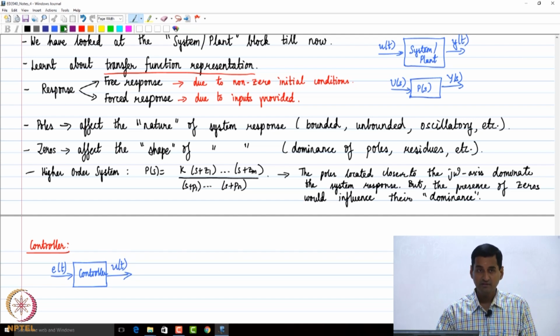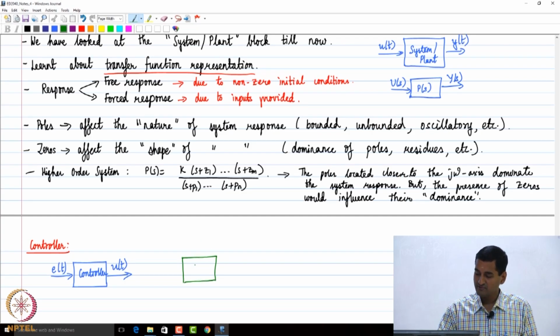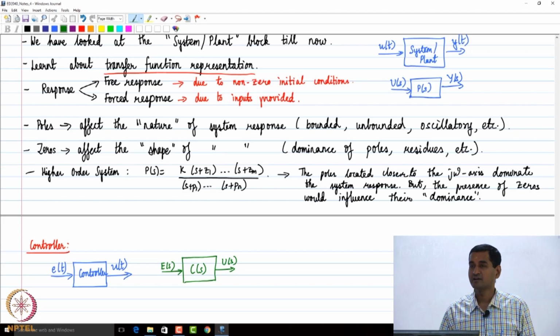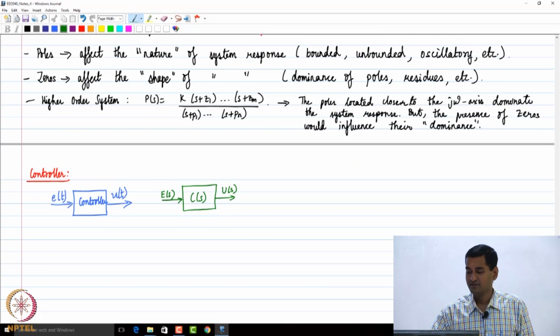In the complex domain, the controller transfer function, let's call it C of s, and the Laplace transforms of the error and the control input, let's call them E of s and U of s respectively. So C of s is the controller transfer function.